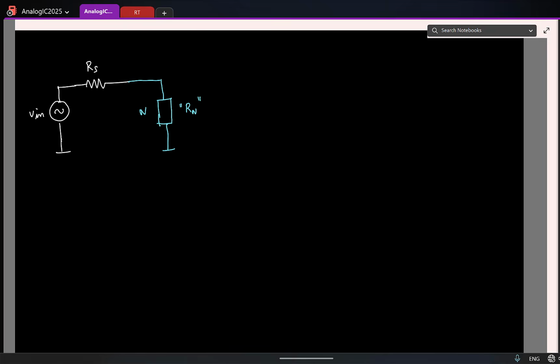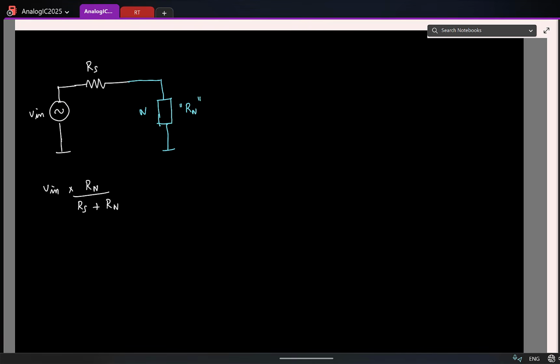Now, what is the output voltage here? If I call this V out, what is the output voltage? V in times Rn by Rs plus Rn. Now remember that here the input current is the same as the output current.